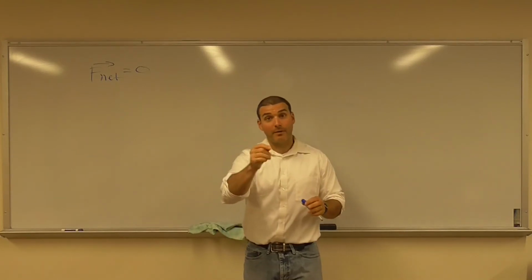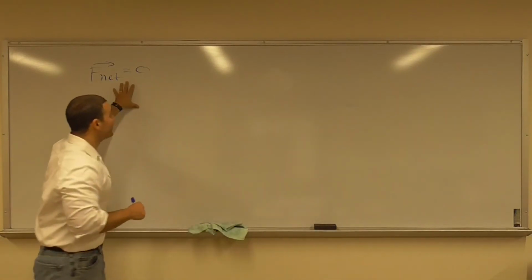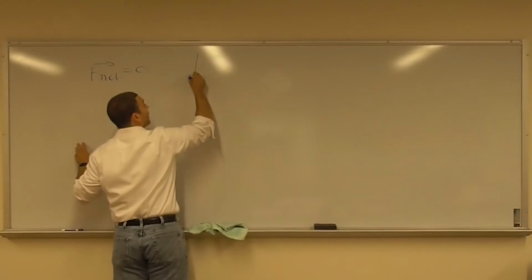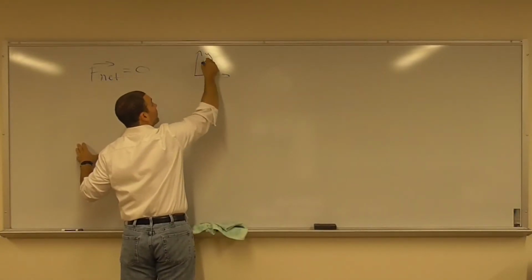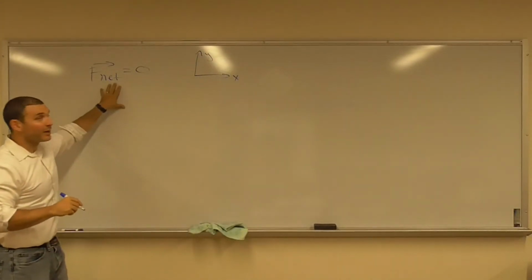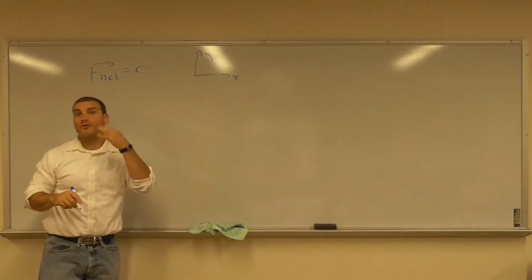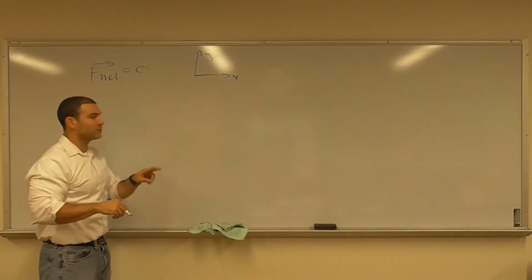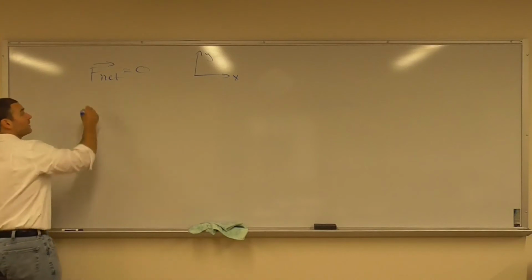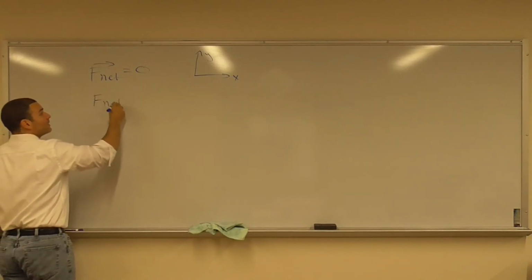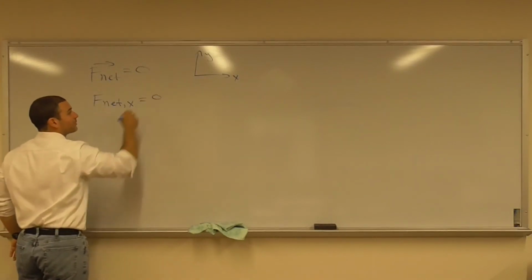One of the things you're going to have to be conversant in is how I take this equilibrium condition, and if I specify a coordinate system, let's say the typical one, x and y, Newton's second law is really two equations. Well, it's three in three dimensions, but we usually restrict ourselves to two. Really what this says is that I have a separate condition that the sum of the forces in the x direction is zero.